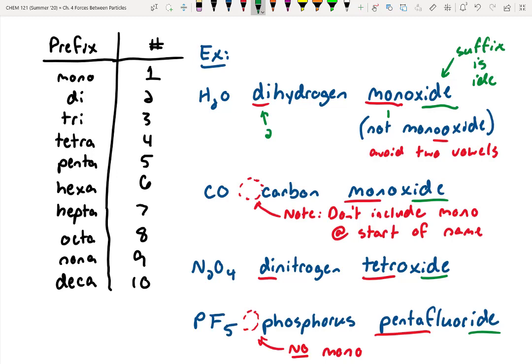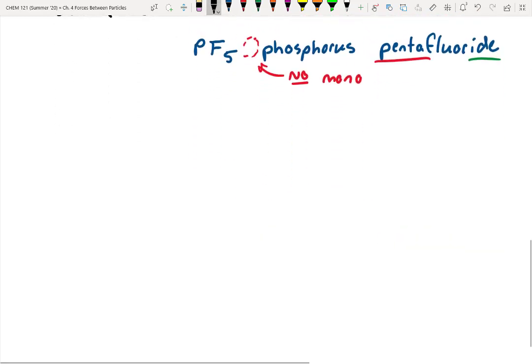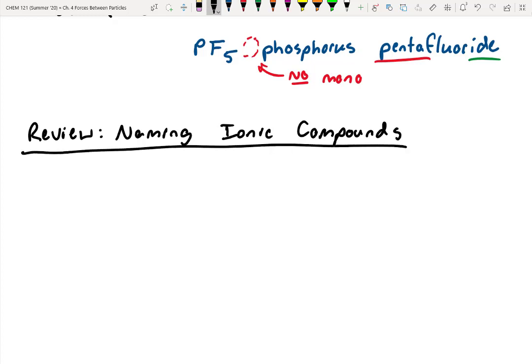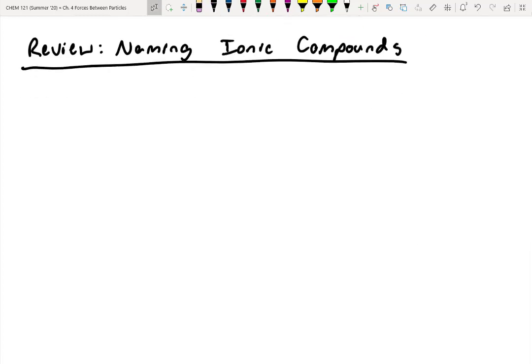All right, let's do a little bit of review though. So up above we did naming covalent compounds, but let's do naming ionic compounds. Because this kind of ties into polyatomic ions, since polyatomic ions are by definition ionic.